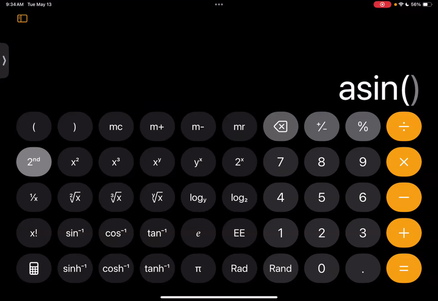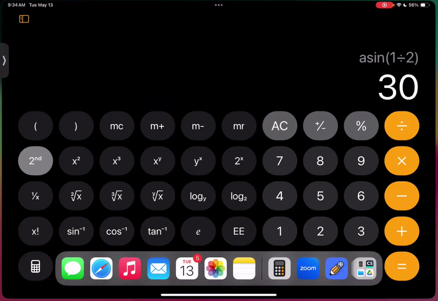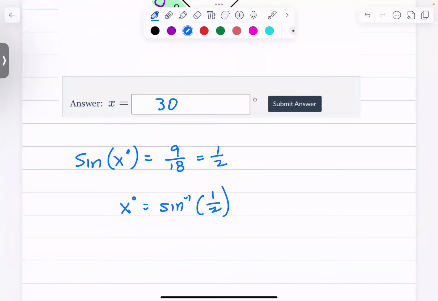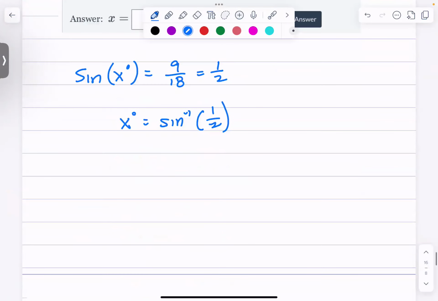If you have the TI-30X, you have to put the angle in first, and then put the sine. Second, and then sine, 1/2. I'll verify it as well, it's 30. That is the lesson for today. There is a little other part to it, which I'll get to later on. Thank you very much.